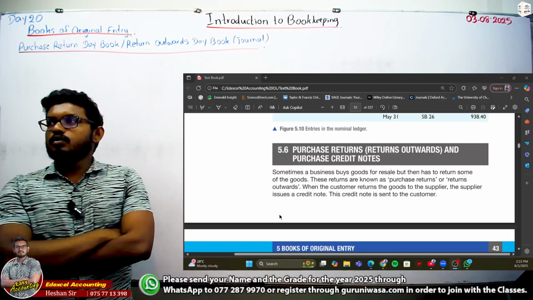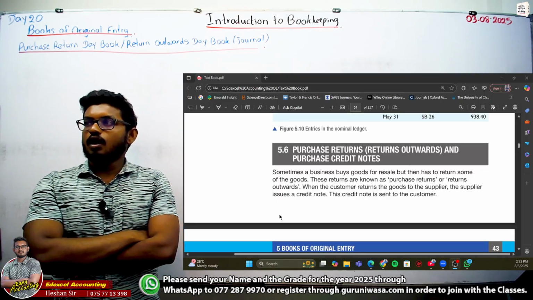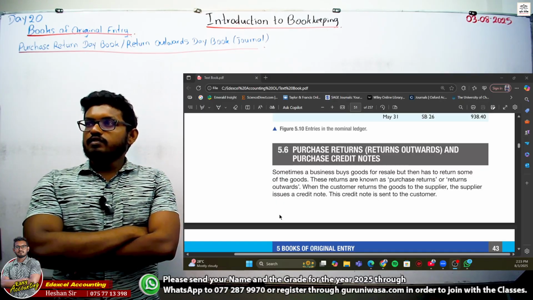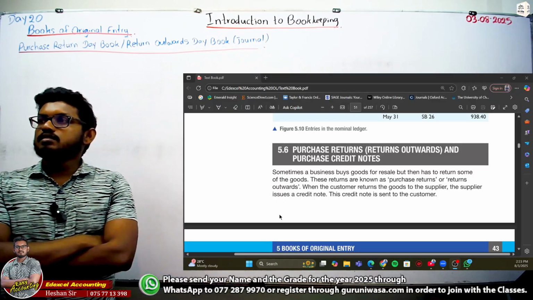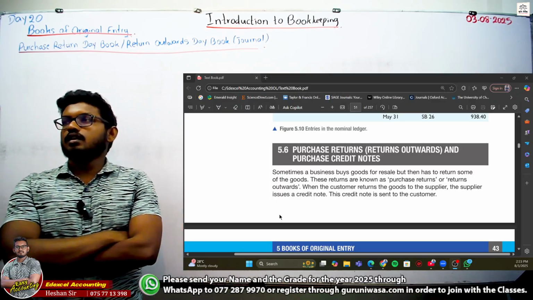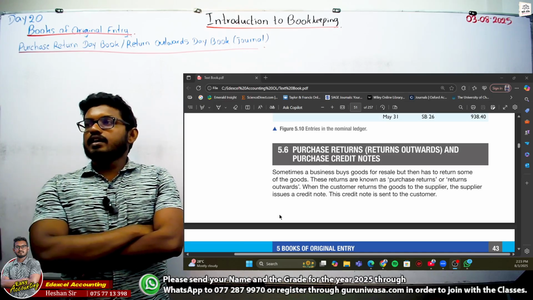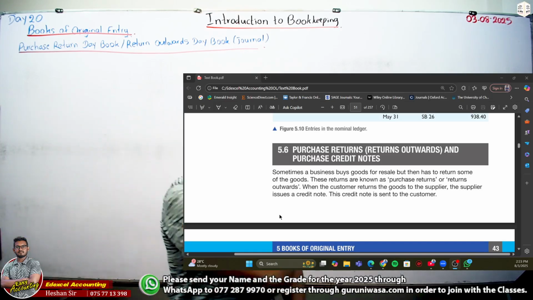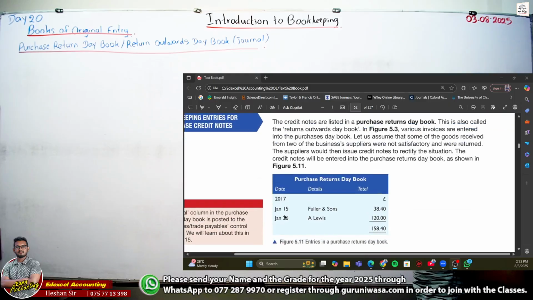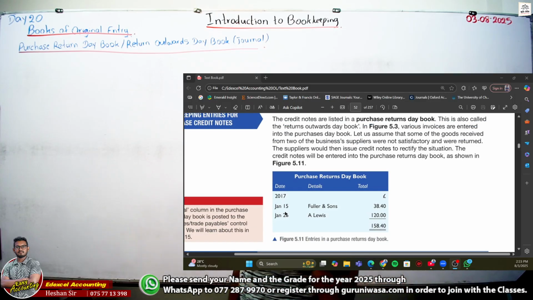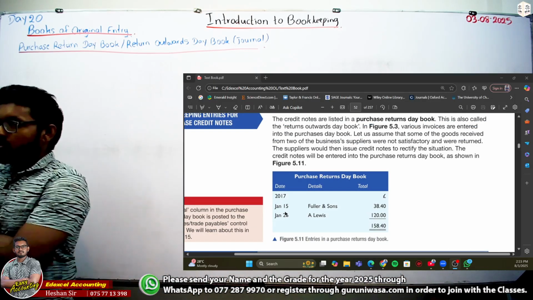These returns are known as purchase returns or returns outwards. When the customer returns the goods, the supplier issues a credit note. The credit note is sent to the customer. The credit notes are listed in the purchase return day book.